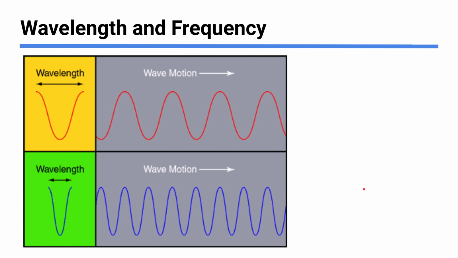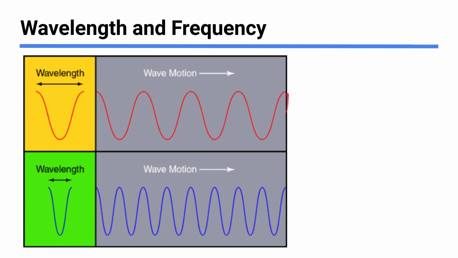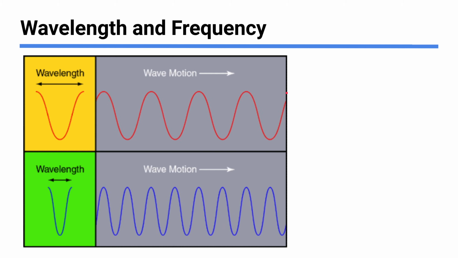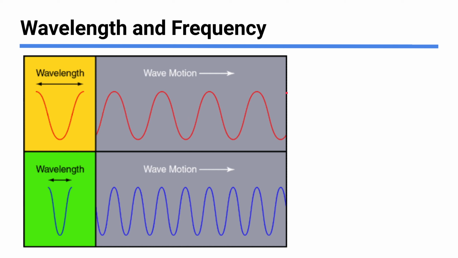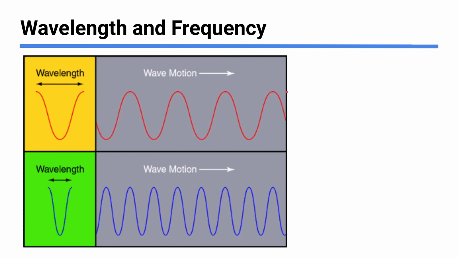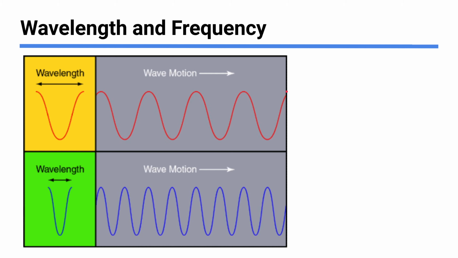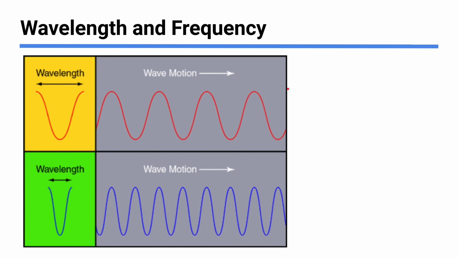Frequency you could figure out by counting how many peaks pass a certain point per second. So you could talk about the rate at which the peaks pass over here. So you got a peak, and then peak, and then now, and then now. So frequency is how many peaks per second.